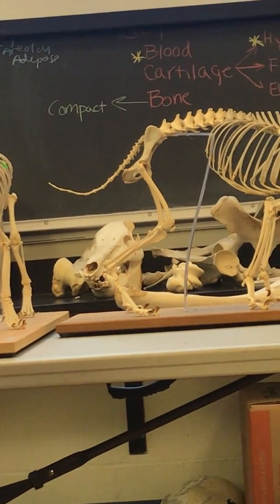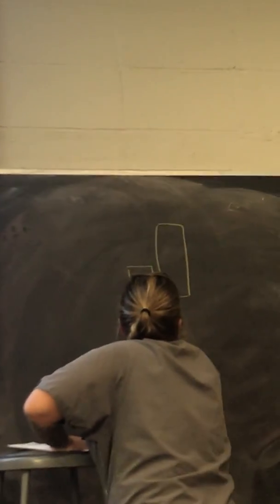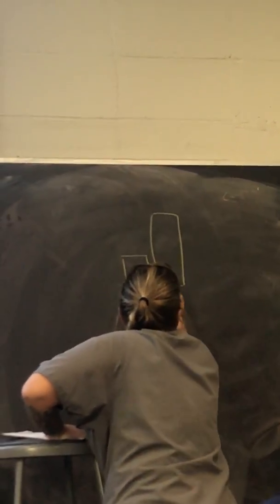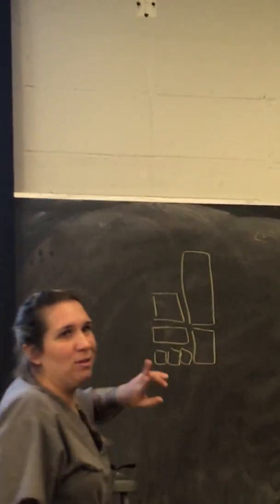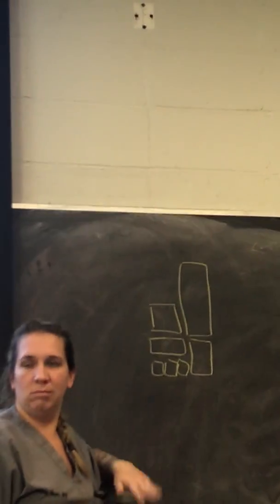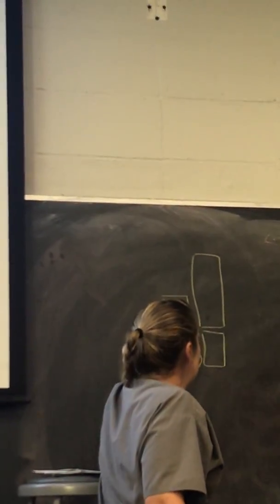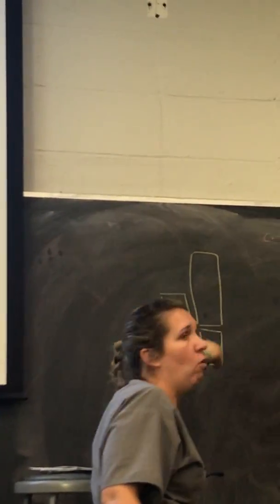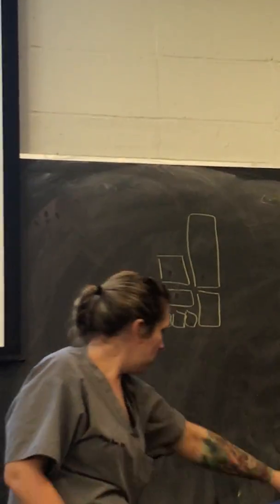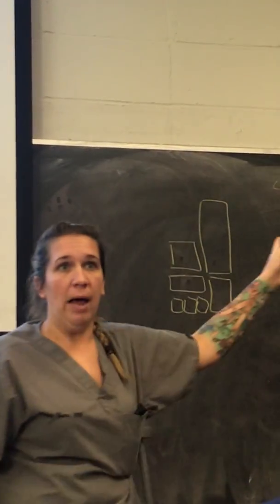So remember, it was kind of drawn like this. We talked about it being two rows, but technically it's two to three, depending on which side you're looking at. Talus, calcaneus, central, 1, 2, 3, 4 overlaps. Okay? Medial to lateral.